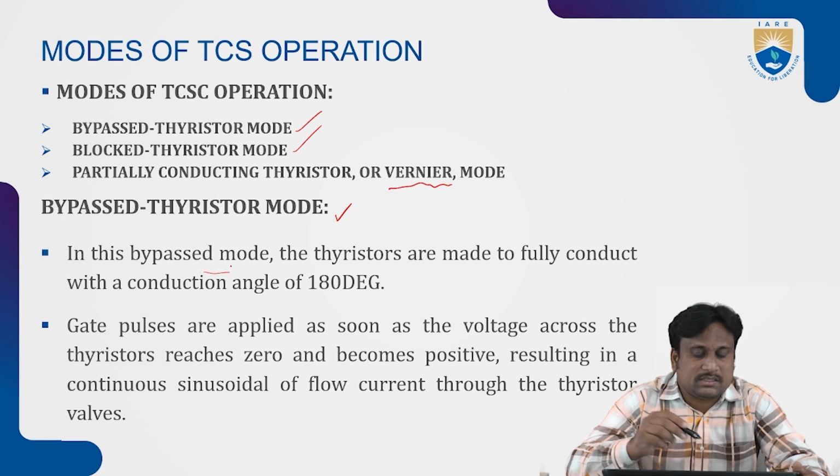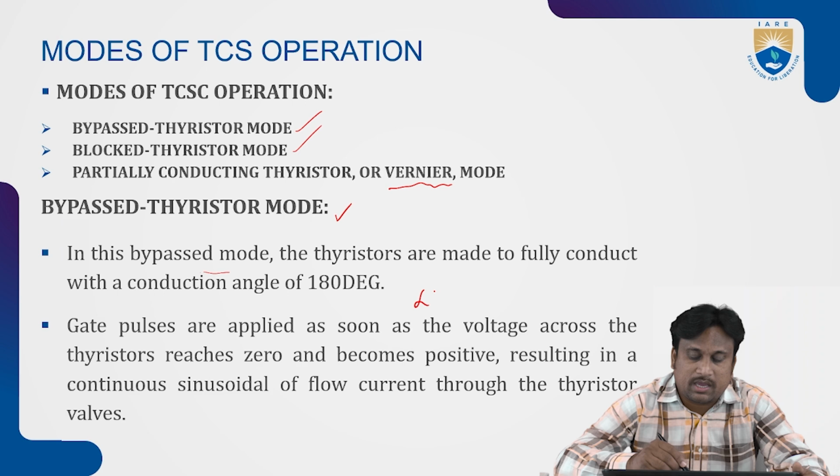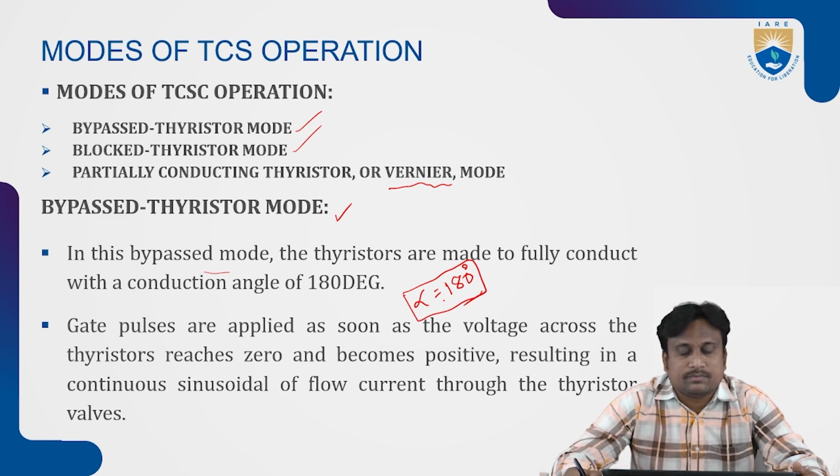In this bypassed thyristor mode, thyristors are made to fully conduct with a conduction angle of 180 degrees. This is the angle called conduction angle, that is 180 degrees for bypassed thyristor mode.